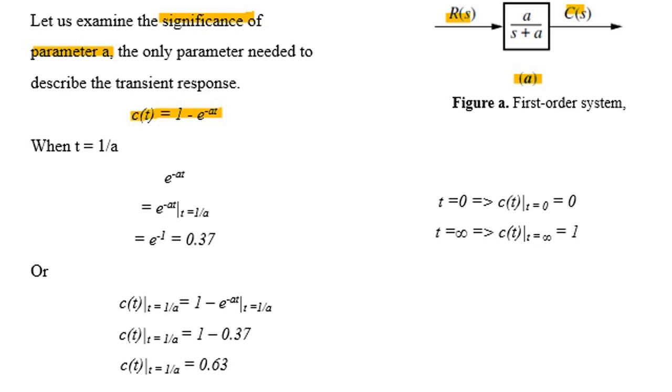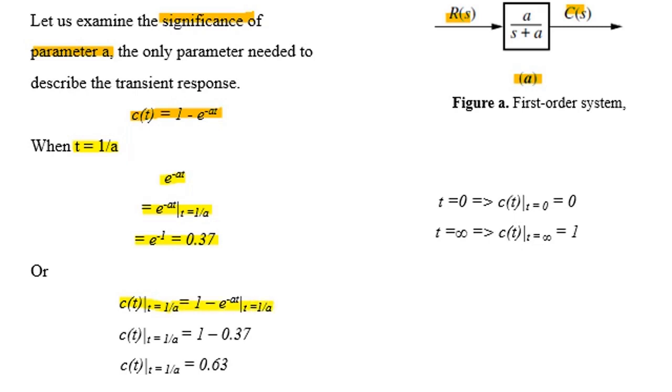Now to find significance of parameter a, we will find system response at time equals 1 over a seconds. If you substitute time equal 1 over a seconds in exponential term, we get 0.37.